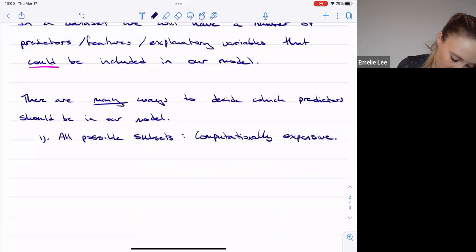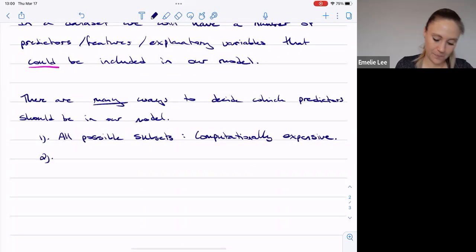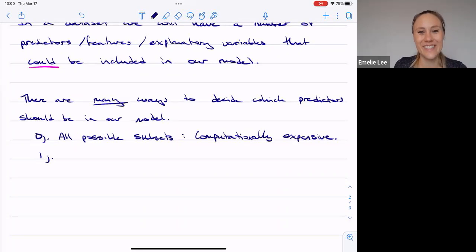So the second option is, and maybe I'll call this the 0th option because it's not something that we're going to do, so I'm going to change this to 0, 1, 2, and 3 because there's kind of 3 main players. Each predictor, once we run the model, is going to have some p-value associated with it, to tell us if it's significantly contributing to the model or not.